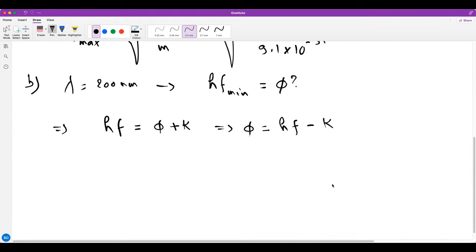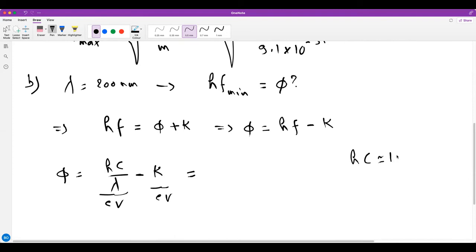Now we are given the wavelength. This means the work function is equal to hc over lambda minus kinetic energy. In general, we would like this to be in electron volts, and this one is also in electron volts. We know that hc is of the order of 1240 electron volt nanometers.